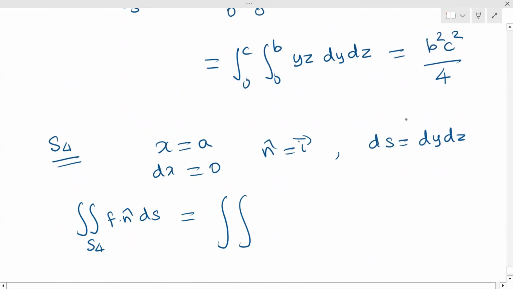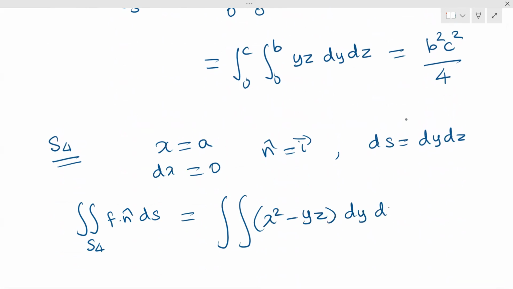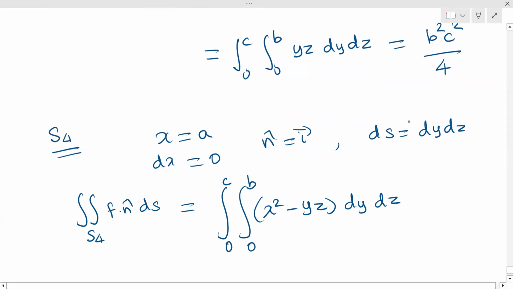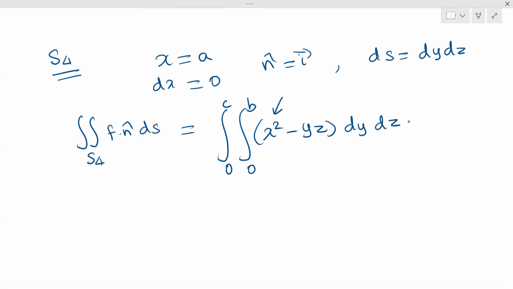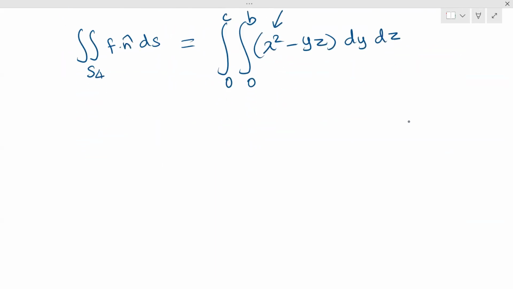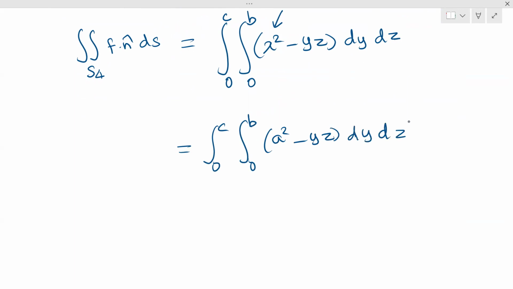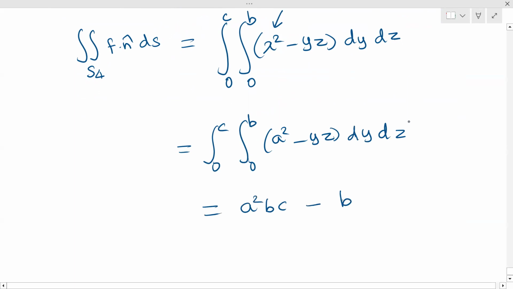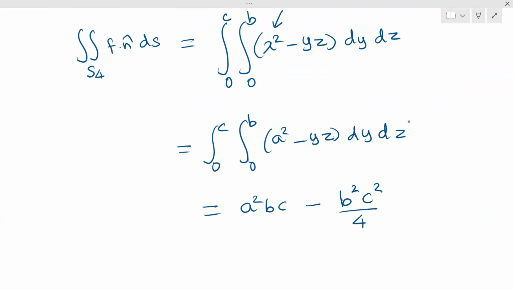That is x square minus yz. ds is dy dz. y limit is 0 to b and z limit is 0 to c. And also what is important? We substitute the value of x here. What is the value of x in this surface? a. So x equal to a. 0 to c, 0 to b, a square yz dy dz. So when we do the integration, the answer is a square bc minus b square c square upon 4.